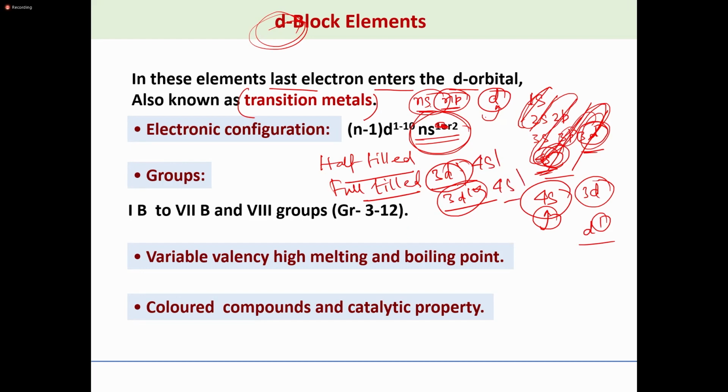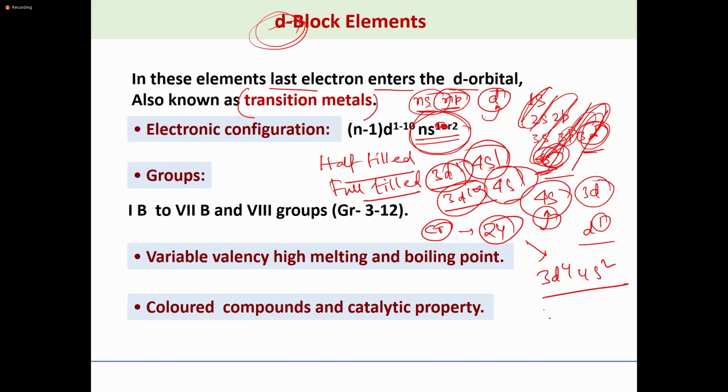Okay, so that's why in the general electronic configuration, for every transition element, 4s is filled up with two electrons, then the d orbital is filled up by one, two, three electrons and so on. But for chromium, whose atomic number is 24, the general configuration would be 3d4 4s2, because we know that the 4s orbital is filled first.